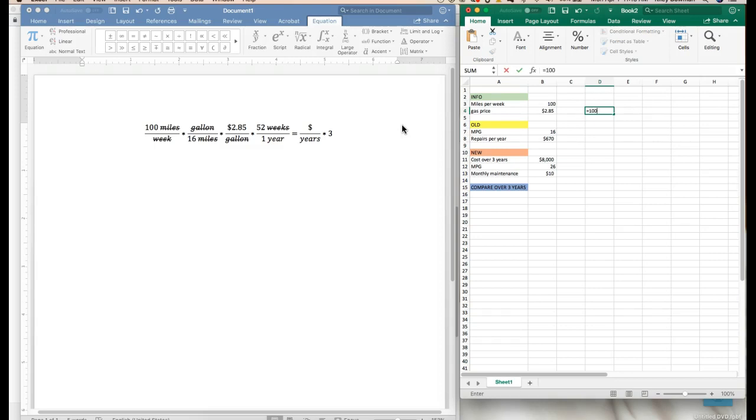So we have 100 and we want to times that by 2.85, whoops, and then times this by 52 weeks, and then we need to divide this by 16. Okay, so I'm going to just go through all of my numbers here, make sure I got them. 100, 2.85, 52, that's all on the top, and then divide by 16. Now, some of you are thinking, wait a minute, I needed to do my parentheses around this for the top.